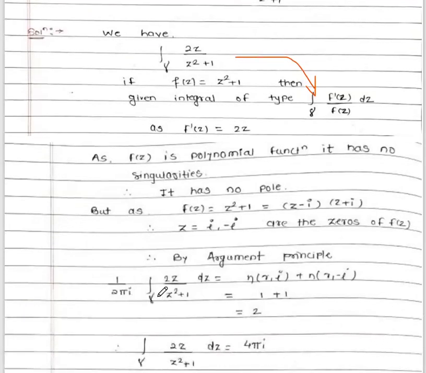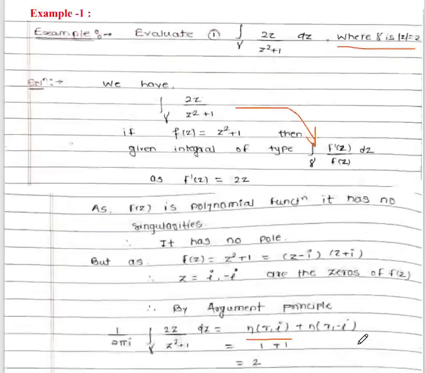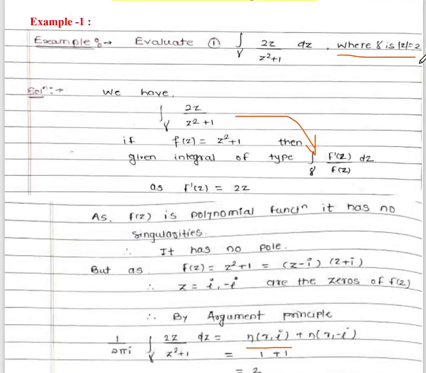1 upon 2 pi integral over curve gamma of f dash of z upon f of z, that is 2z upon z square plus 1 dz, equals the index of the closed curve at the point i plus the index of the closed curve at the point minus i. The index of the closed curve gamma at the point i is 1, because we are given a circle whose center is 0 and radius is 2.